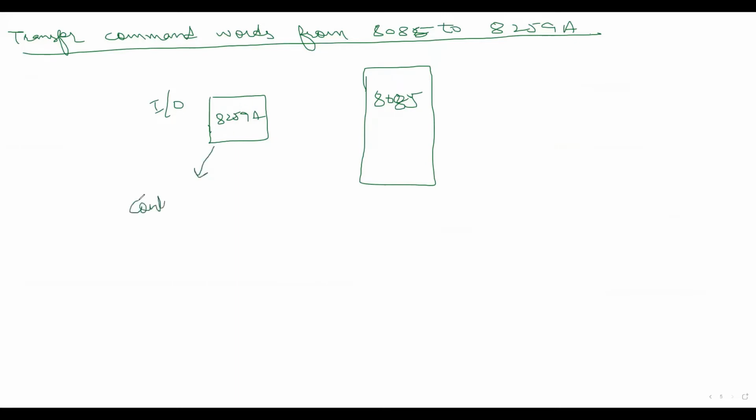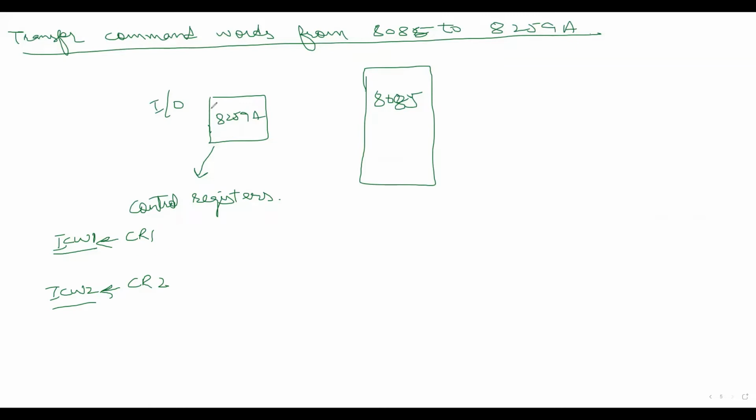In 8259A, we have control registers. Let's suppose control register 1 and control register 2. Likewise, there will be many different registers. Control register 1 is used to store ICW1, and control register 2 is used to store ICW2. First we will store ICW1, then ICW2.